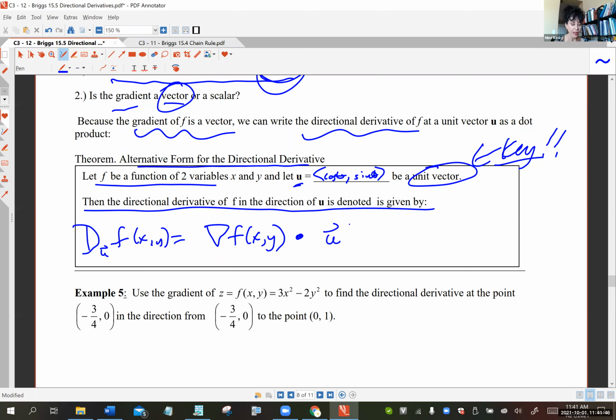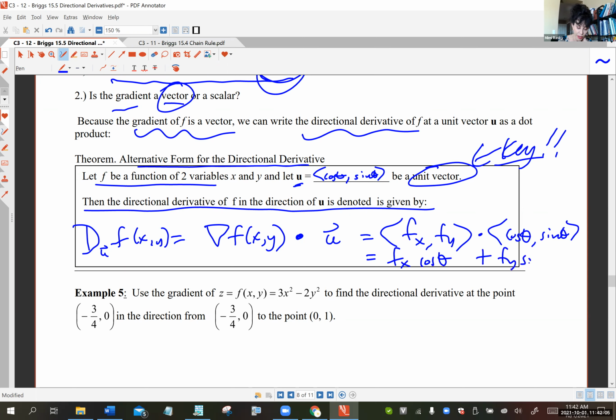Because remember, your gradient is simply a vector with the partials as components. We just studied the gradient 5 seconds ago. So it's going to give you the fx times the cos plus the fy times the sine. So the directional derivative really is a dot product. Cool, huh?